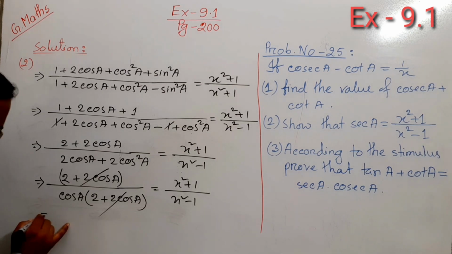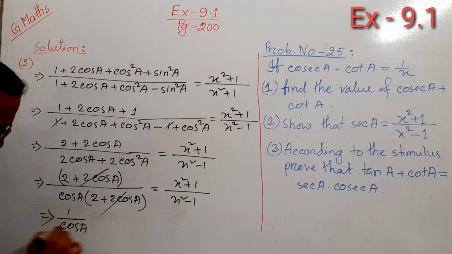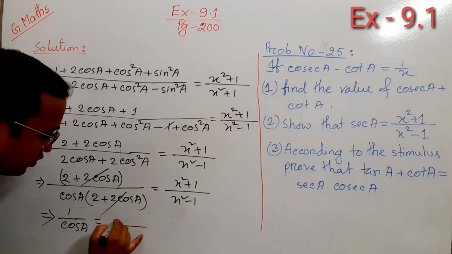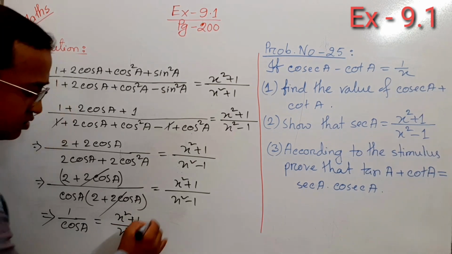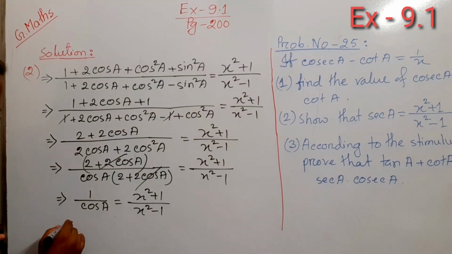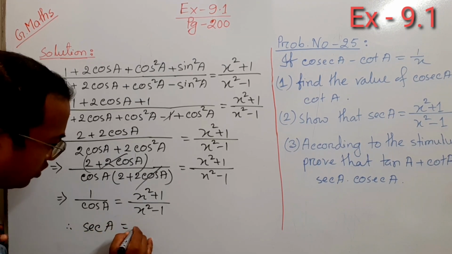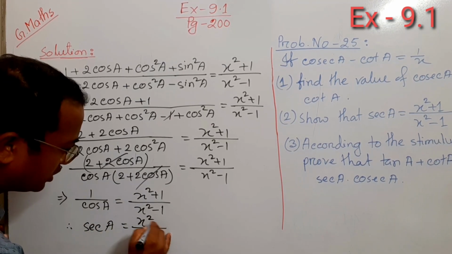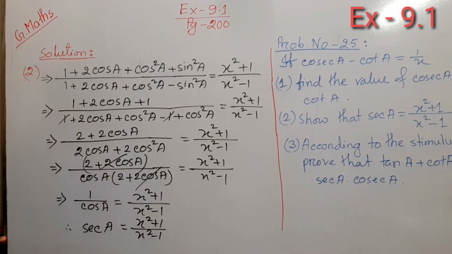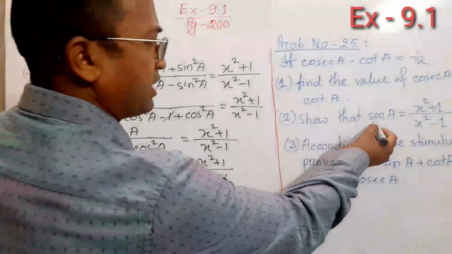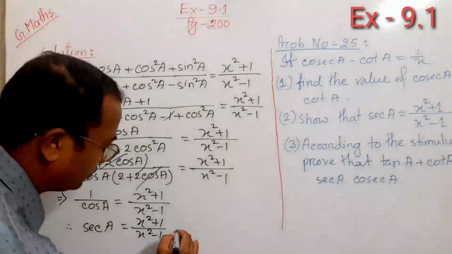It remains 1 by cos a equal to x square plus 1 by x square minus 1. Therefore 1 by cos a, which is sec a, is equal to x square plus 1 by x square minus 1.